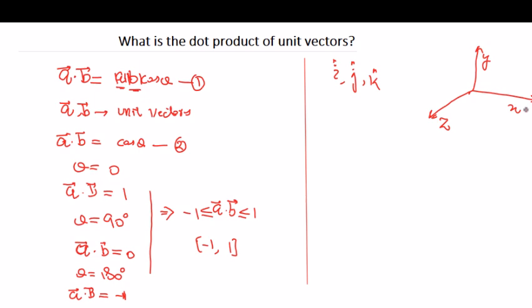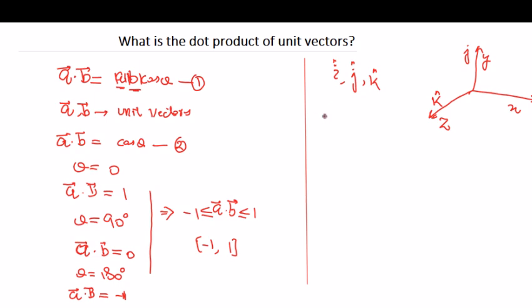Now we know that unit vector along x axis is I, unit vector along y axis is j, and unit vector along z axis will be k.